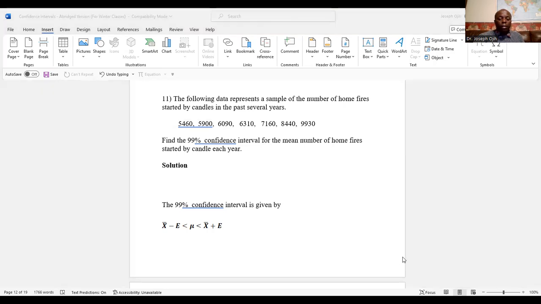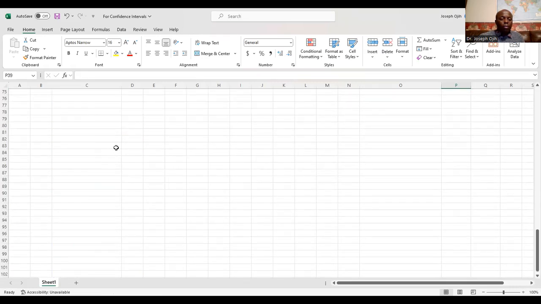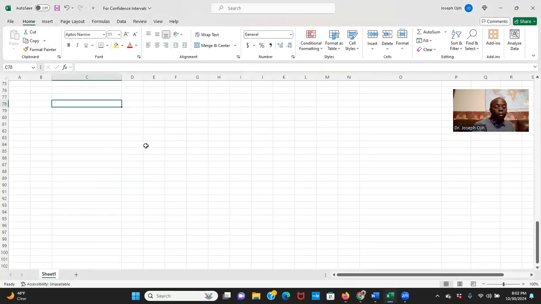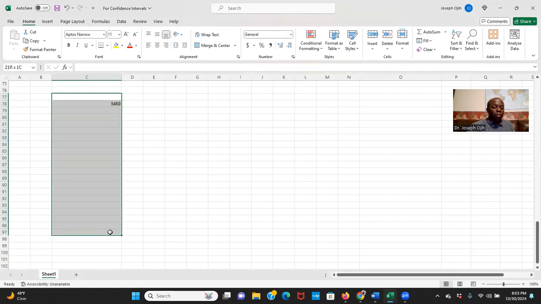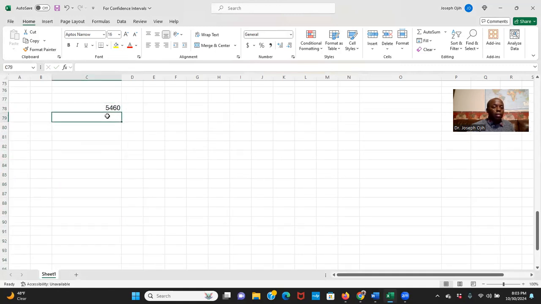Okay, I'm in Excel. I can go down a little bit and put numbers here. We have 5460. I'm going to make this whole column use the same format. Next will be 5900.